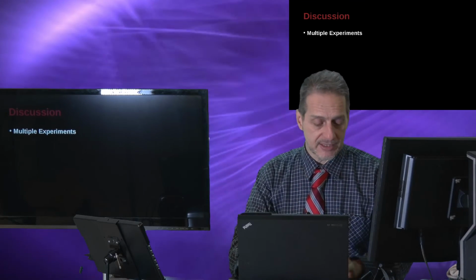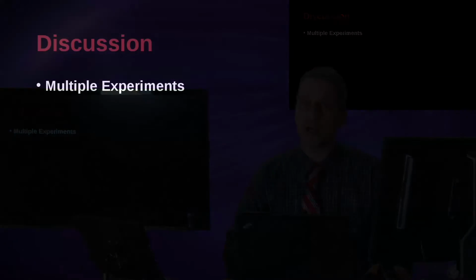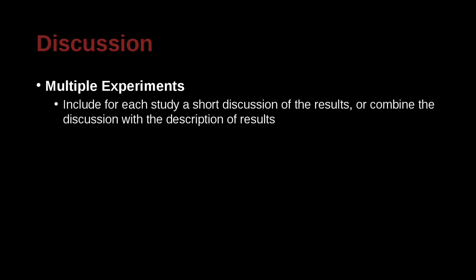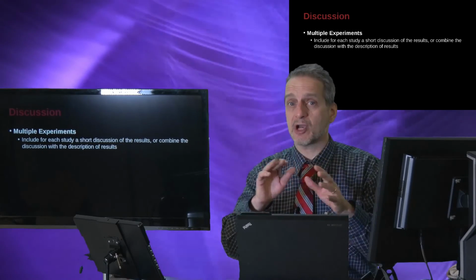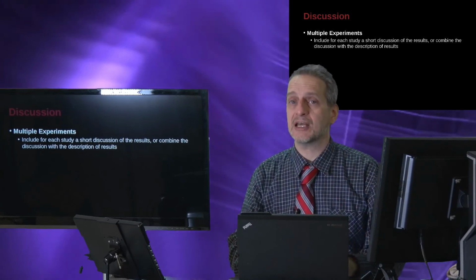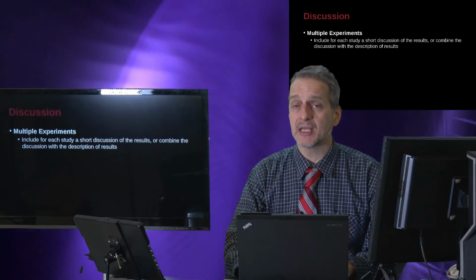If you're doing multiple experiments, let's say that you have experiment A, and then experiment B, and then experiment C. How can you organize these in your discussion? Well, for each of these, you can have their own discussion. So you can have a little discussion for A, and then a discussion for B, and then a discussion for C. Or if these discussions can be combined because these experiments, the results all fit together, then you can go ahead and combine them.